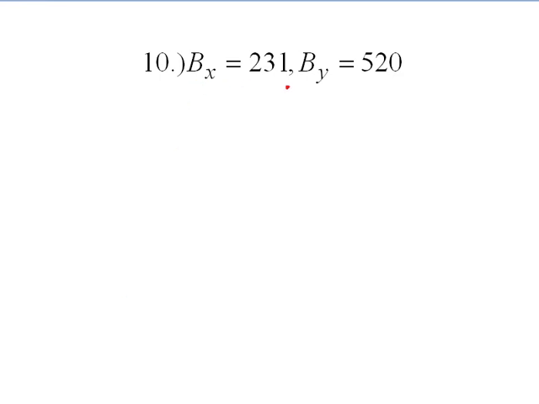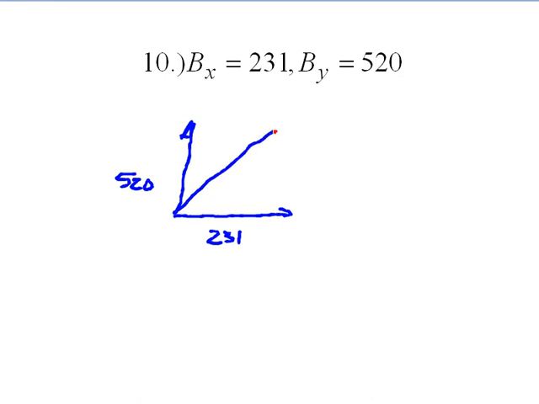Alright, here's an x value and a y value, and we're to determine the magnitude and the angle. So let's see. We have By equaling 520, and we have Bx equaling 231. And we want to find the resultant of these two components.